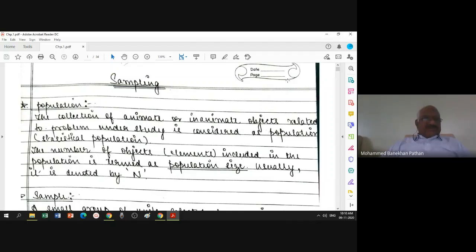First term is population. If you try to relate this term with other subjects, say sociology, in view of sociology, population is treated as the number of people living at a certain location.